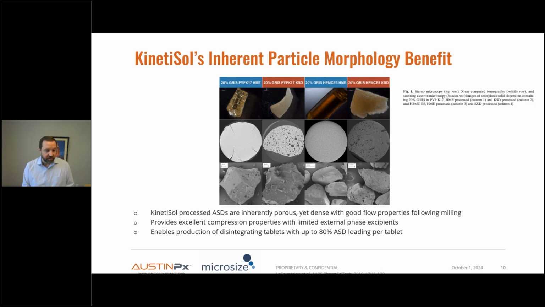We've demonstrated through a variety of studies that KinetiSol processed ASDs, due to the nature of the mixing and the quenching process, produce dense and good flowing particles, but there is some residual porosity that provides excellent compression properties. And so this allows us to make a denser tablet with more drug, a higher payload per se, so that we can reduce the total pill burden and total tablet size that the patient ultimately sees.